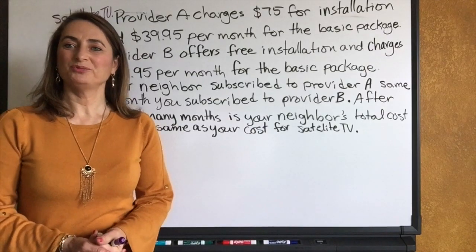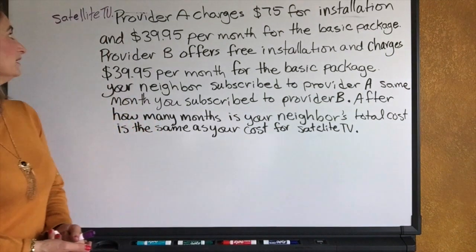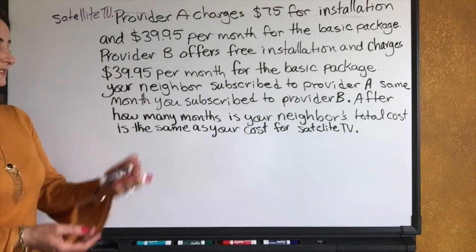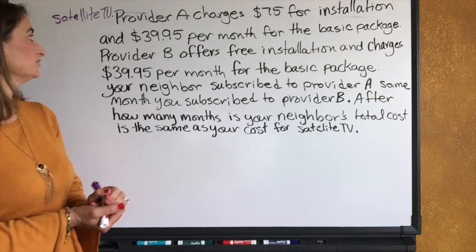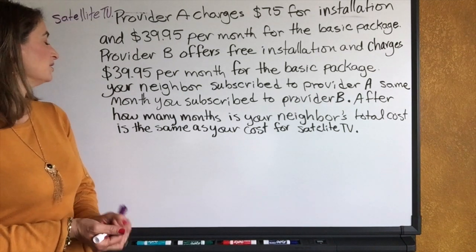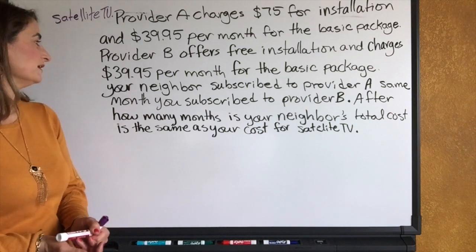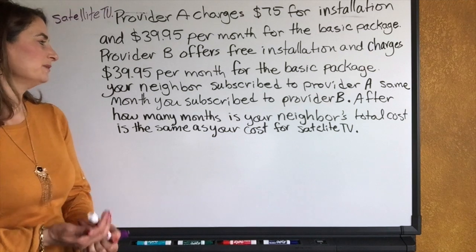Okay, here's a real world problem. Let's read it and see how we can solve this one. It's about satellite TV. Provider A charges $75 for installation and $39.95 per month for the basic package. Provider B offers free installation and charges $39.95 per month for the basic package.